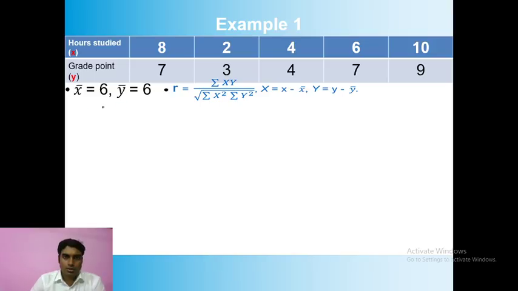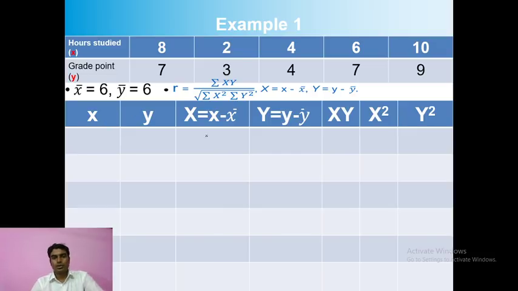Now for all this correlation finding, we have to write down all the data in this way. First we write the x data in the first column, that is the small x data. The next column is for small y. Next, capital X is small x minus x bar, means we are changing it by this formula.